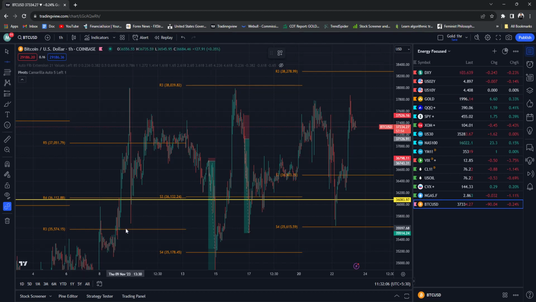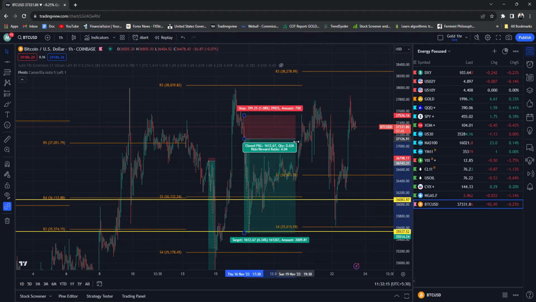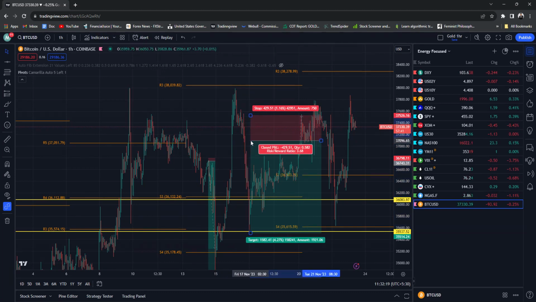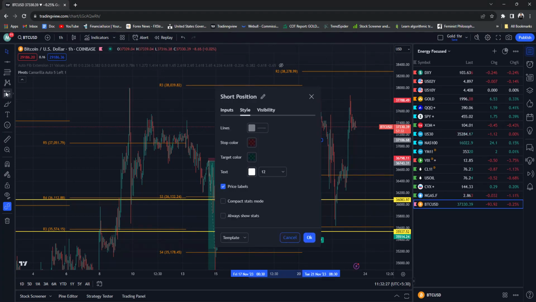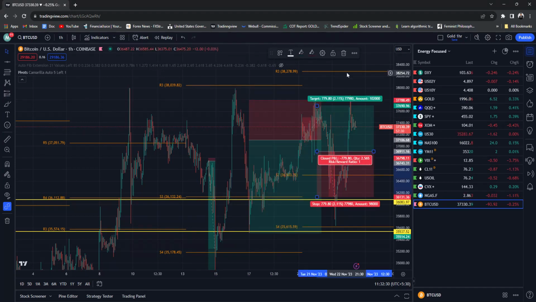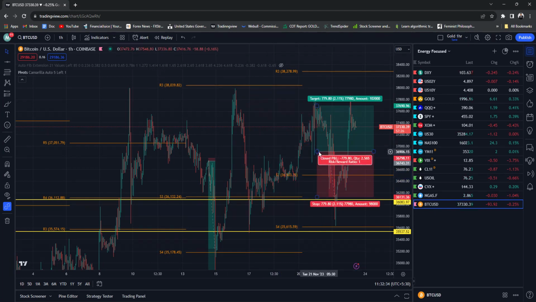And if we looked at the R3 from the previous, the move was really good. So it would have been a move like, sorry, this is a short. We need a log.